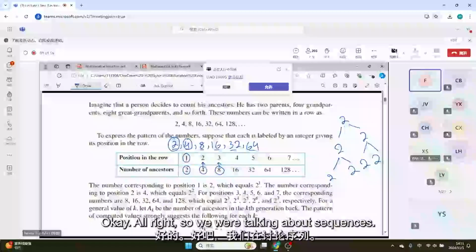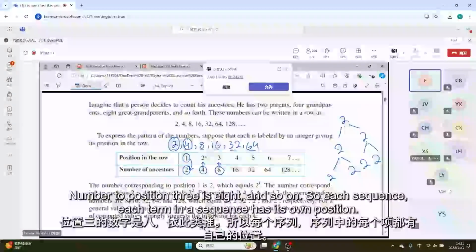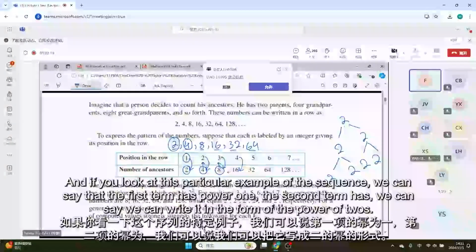All right, so we were talking about sequences. For example, in the sequence of ancestors, the number corresponding to position 1 is 2, the number corresponding to position 2 is 4, to position 3 is 8, and so on. So each term in a sequence has its own position.